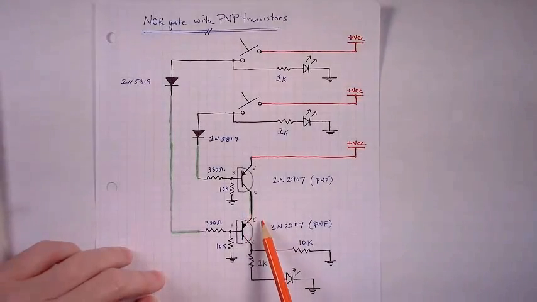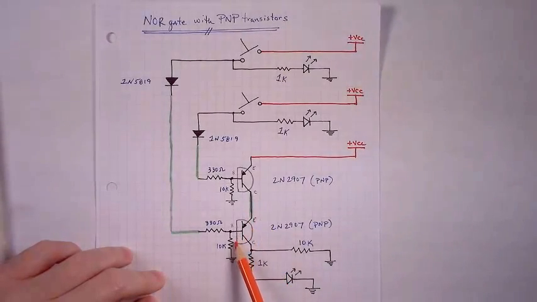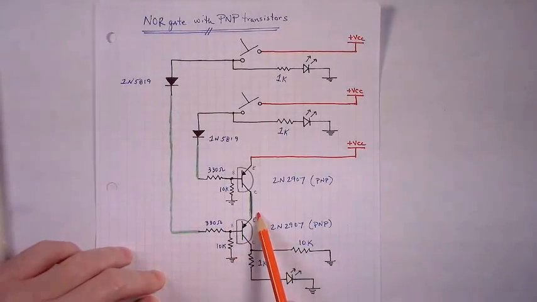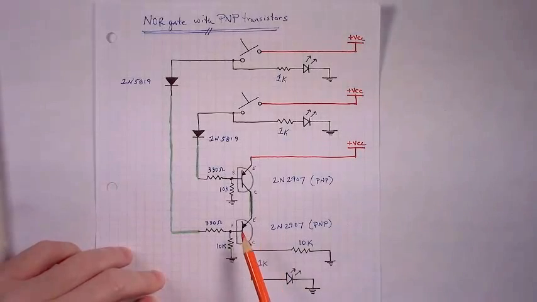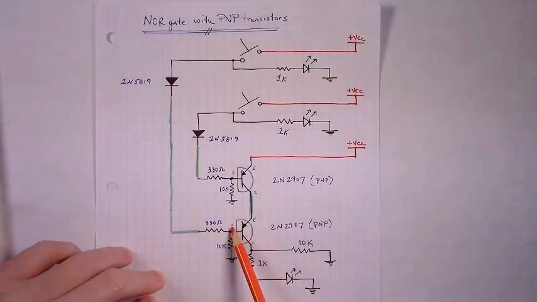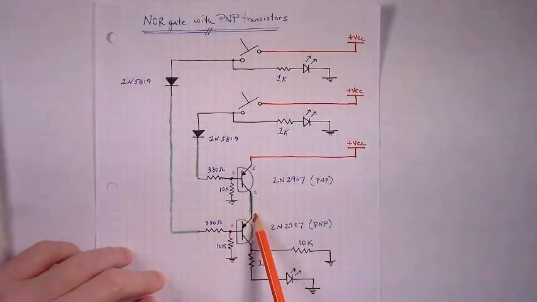So we have around 6 volts sitting here, and then that 10K will pull the base of the PNP so that it's 0.7 volts less than the 6 volts sitting at its emitter. It'll actually pull it a lot further down than that, all the way almost to ground. But all we need is 0.7 volts less than whatever's at the emitter and the PNP conducts.